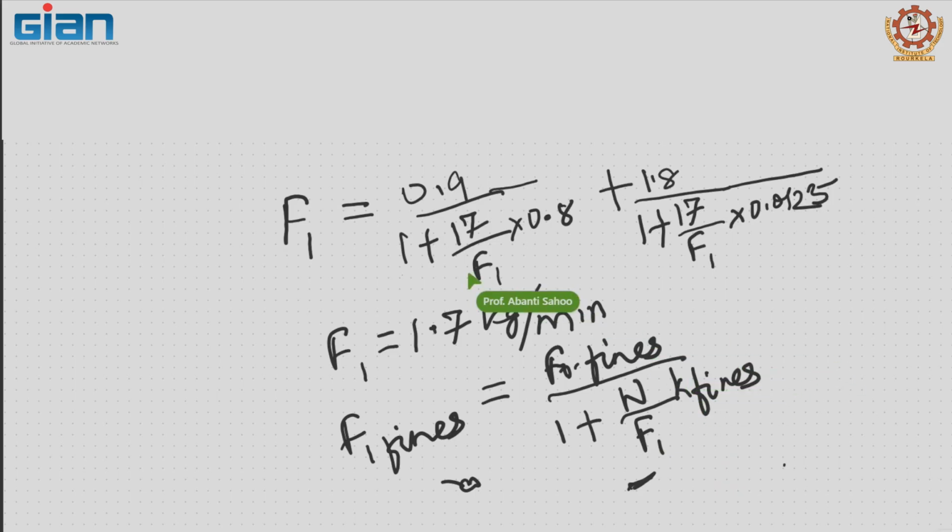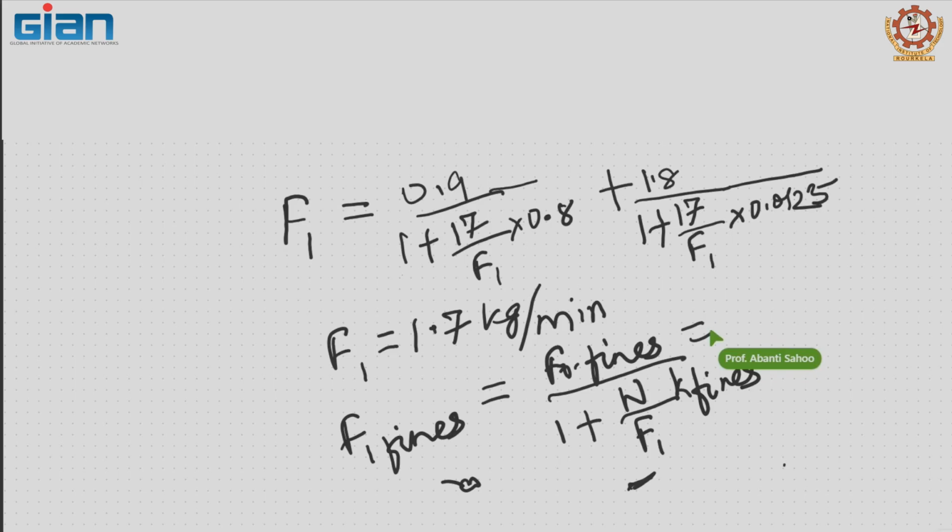This is the mixture we have taken with 2 sizes. Now, if you write only for the fines, the equation will be modified for one particular size only. So, F1 of fines will be F0 of fines divided by 1 plus W by F1 into K of fines. Because it was a summation for 2 sizes, now we are taking 1 size.